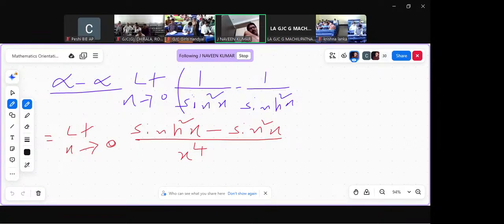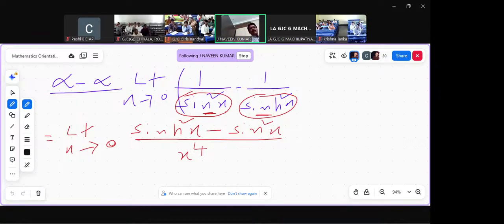Because whenever sin square x is there, we can divide and multiply with x square. According to the trigonometric limits, limit x tends to 0, sin x by x is 1. The same logic is applicable for sinh x also. So here one x square, here another x square.